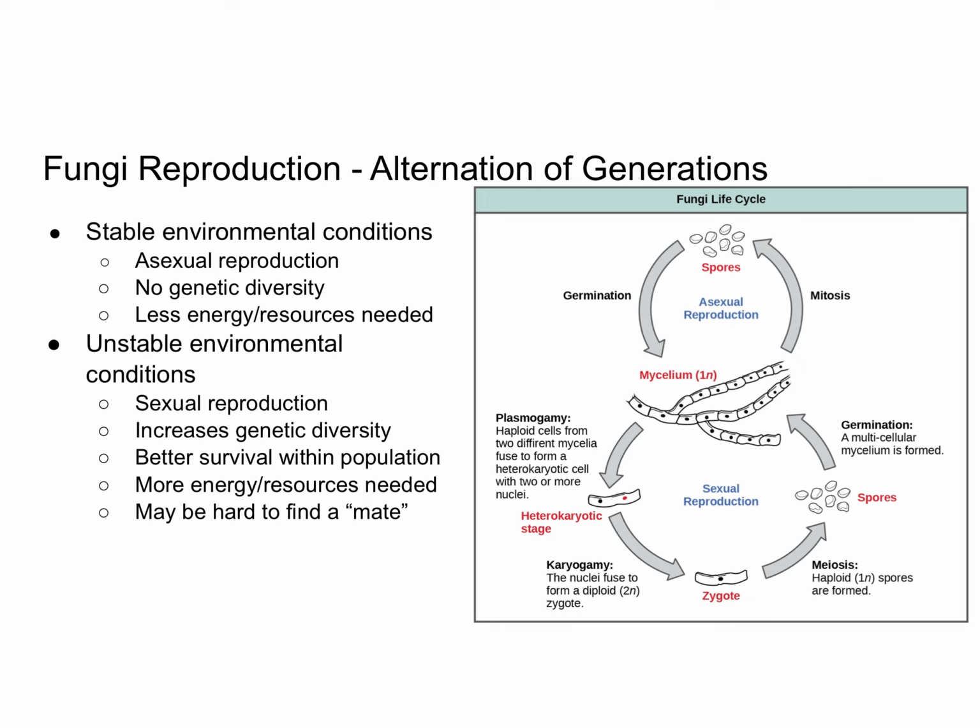However, if environmental conditions become unstable, a fungus might switch over to sexual reproduction because it helps to increase genetic diversity. Because remember that during plasmogamy and karyogamy and meiosis, the organisms are essentially bringing together different genetics, shuffling them, and then kind of dealing out these genes into the spores.